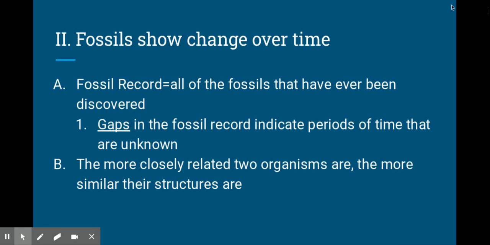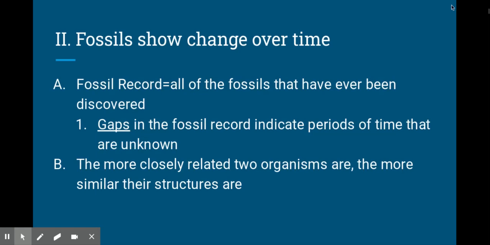However, we can use the fossil record to make predictions that, in this empty space of time, there was probably an animal that could walk on land but also live in the water, kind of like an amphibian.